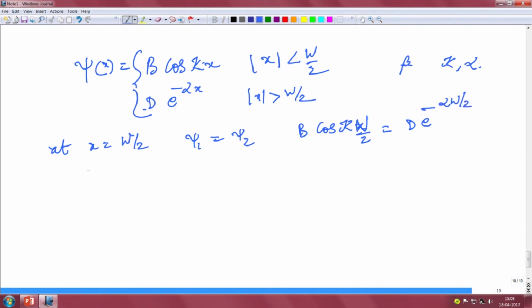And once again at x equal to w by 2, if I force psi 1 dash equal to psi 2 dash, let us differentiate first and then apply the boundary condition. So, psi dash x is minus kappa into b into sine kappa x and minus alpha into d into e power minus alpha x.